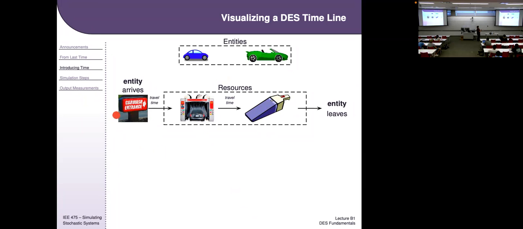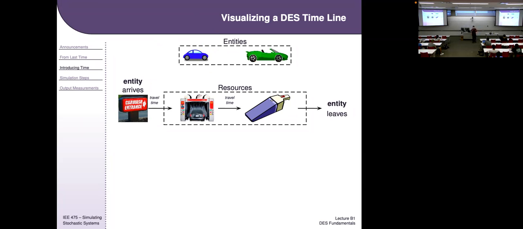Cars arrive, they then travel to the car wash. So there's a travel time we have to worry about. They then travel to the vacuum station, another travel time, and then they leave. And there could be multiple types of entities, like a little economy car, or there could be sports cars or something like that.